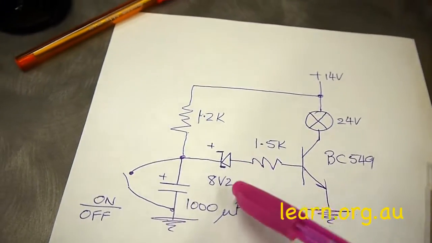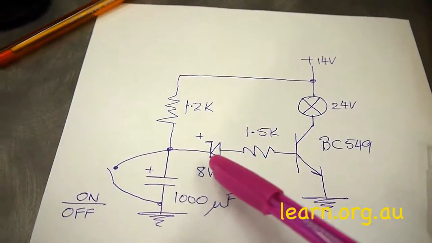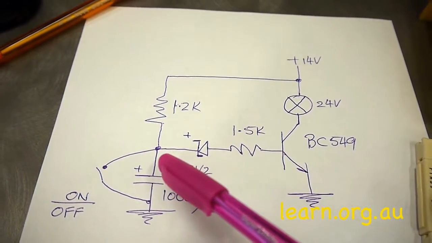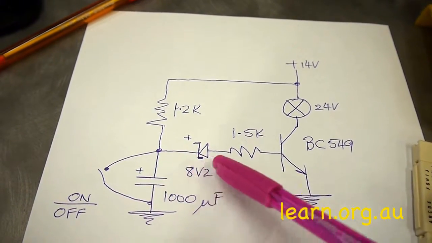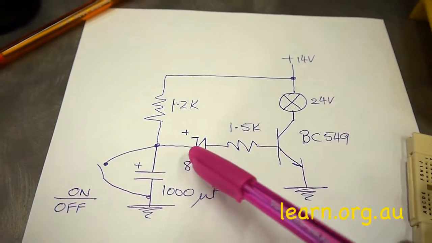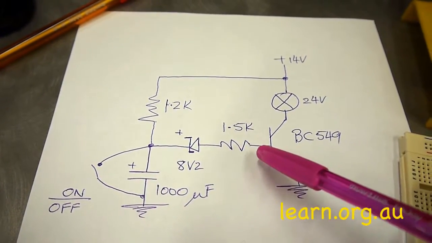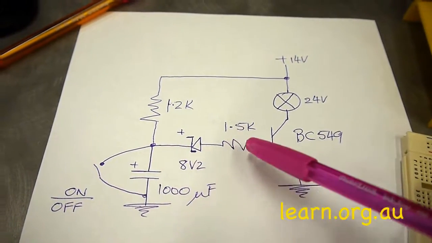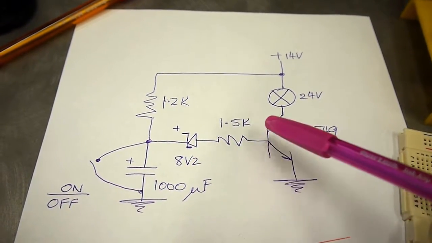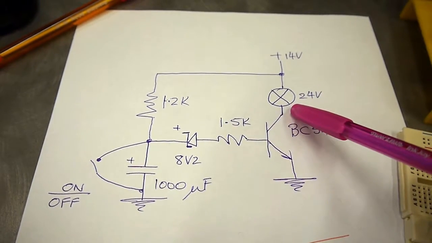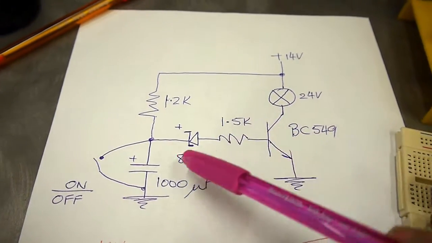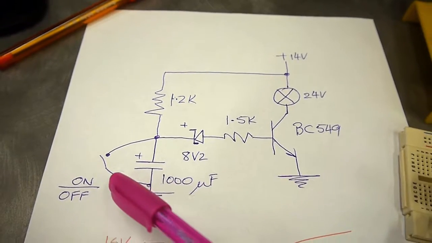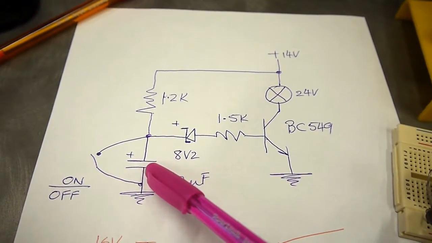So that Zener diode, 8.2 volts, just ensures that I've got 8.2 plus the 0.6, around about 9 volts with that capacitor charging, and it has to reach 9 volts before the transistor turns on and then makes the light bulb light up. The whole lot is accomplished with a piece of wire across this capacitor.